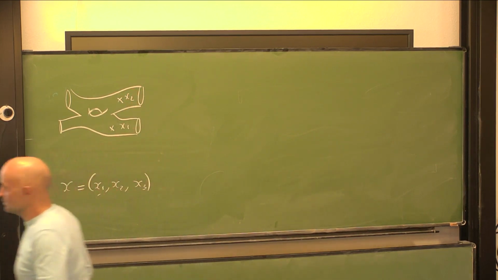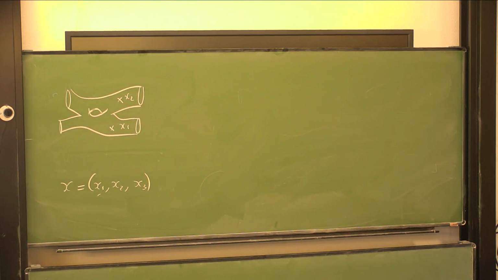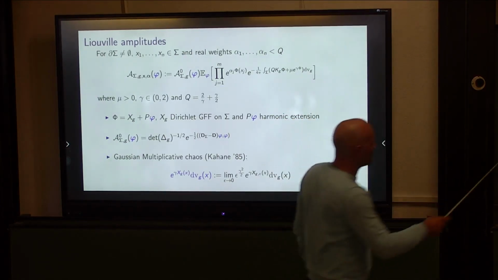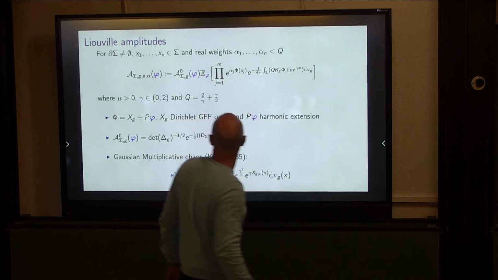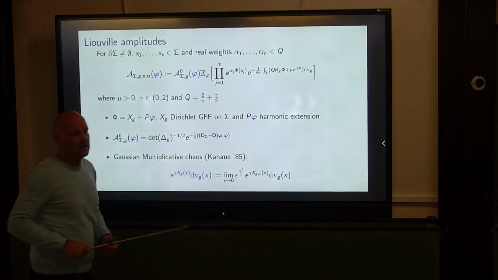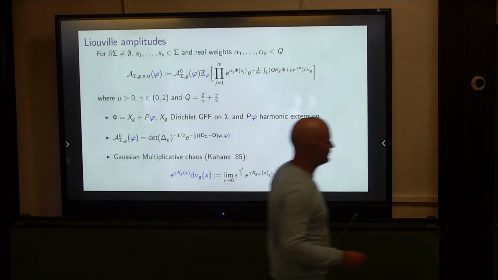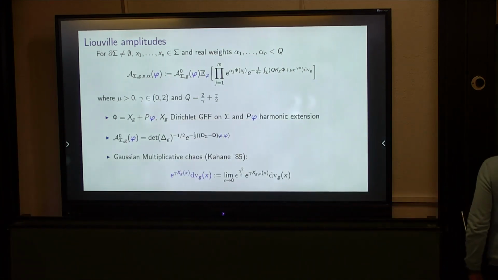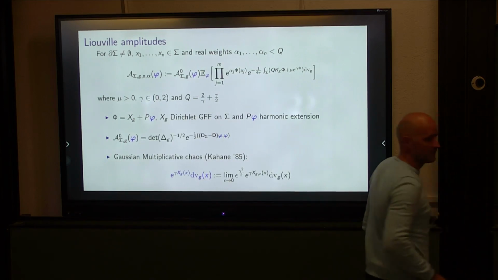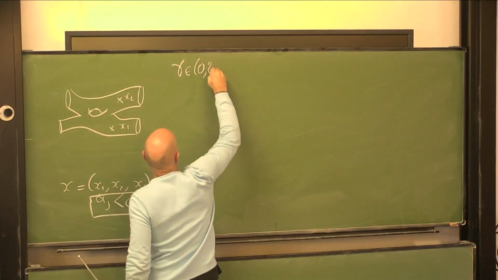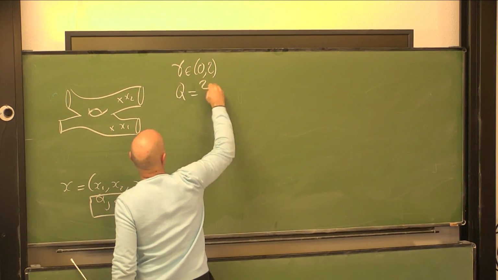I can take any Riemann surface with boundary. I choose arbitrary points on the surface, to which I attach weights alpha j, and I impose that they are less than q, and q is this real number that is related to gamma. We have gamma in (0,2), and q is related to gamma.